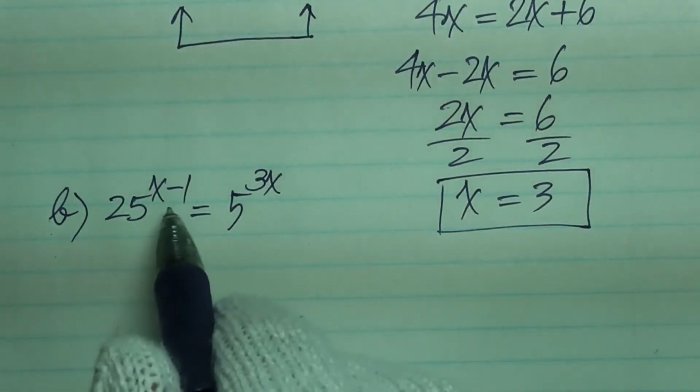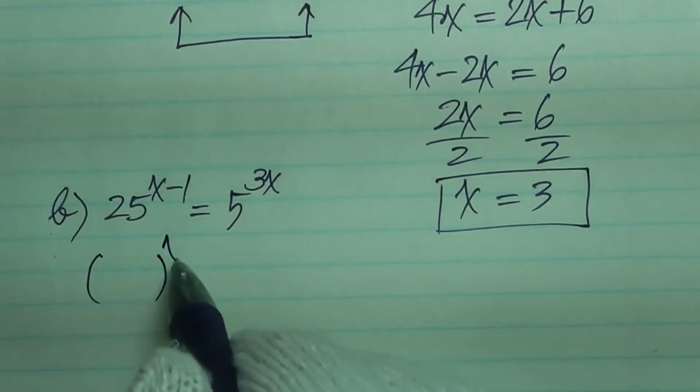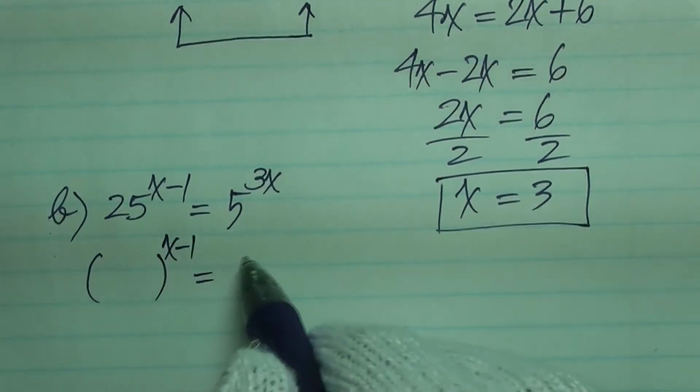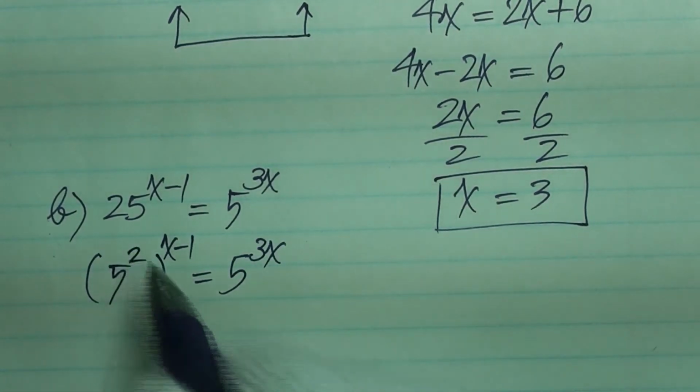Alright, 25 to the x minus 1 equals 5 to the 3x. So I can write 25 as 5 squared.